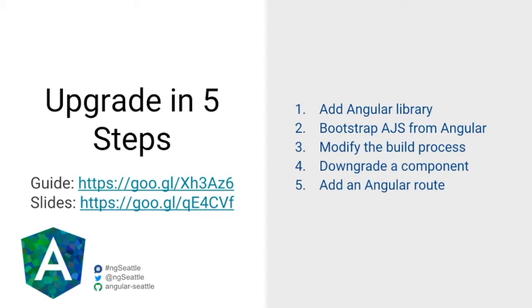So it's quite long, but it covers each step that's covered here as far as adding the Angular library, bootstrapping AngularJS from Angular, what I did to modify the build process that mimics the production builds that we use at McGraw-Hill on my team. An example of downgrading a component: I take one of the components that was written in AngularJS and rewrite it in Angular, as well as an example of adding an Angular route. So I'll be showing some parts of the guide throughout, but I'll be going over the bullet points and showing the parts that I feel matter.